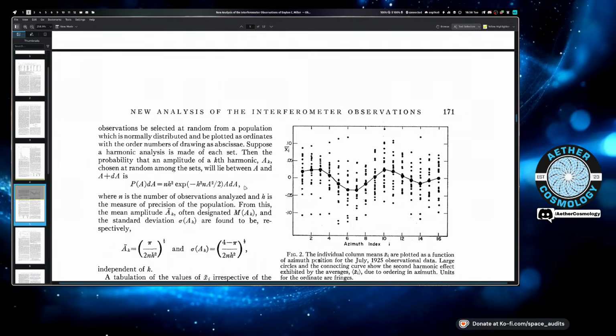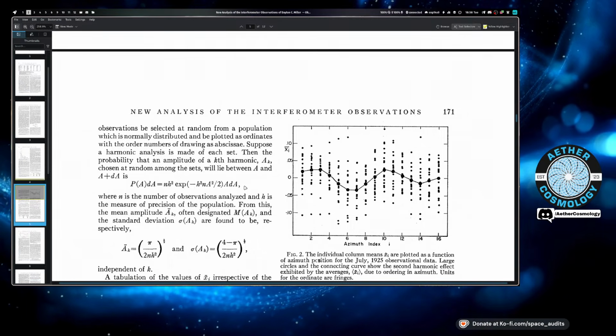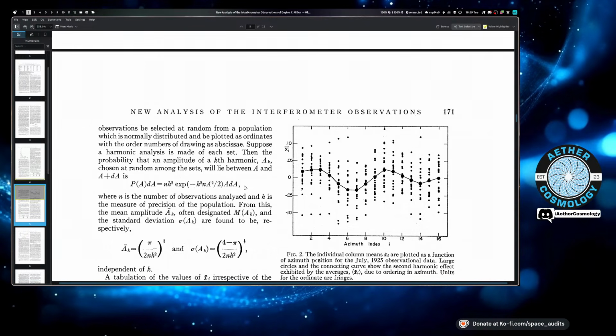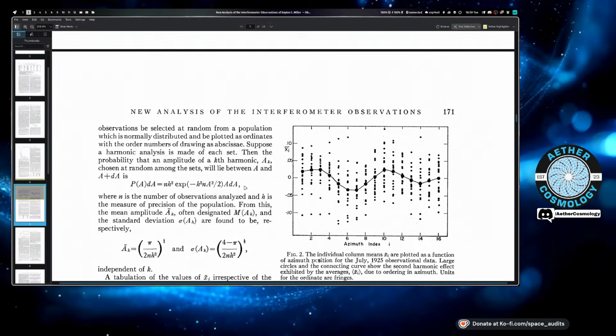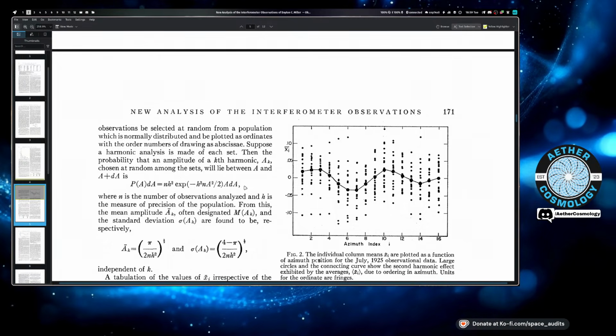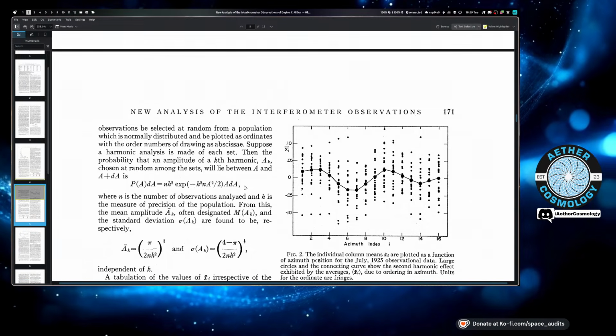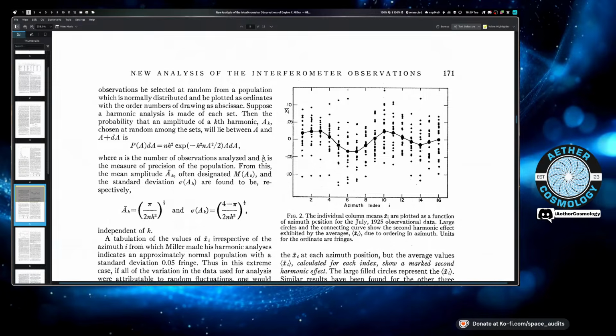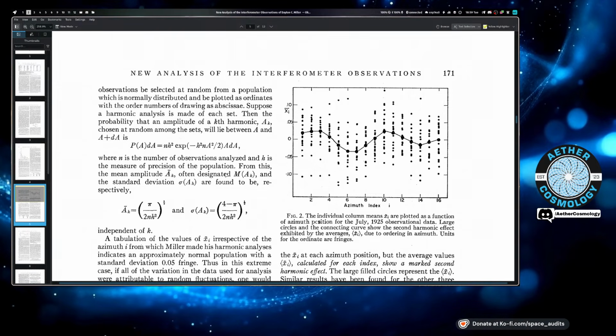Then the probability that the amplitude of the kth harmonic, A sub K, chosen at random among the sets, will lie between A and A plus dA is given by this equation, where N is the number of observations analyzed and H is the measure of the precision of the population.